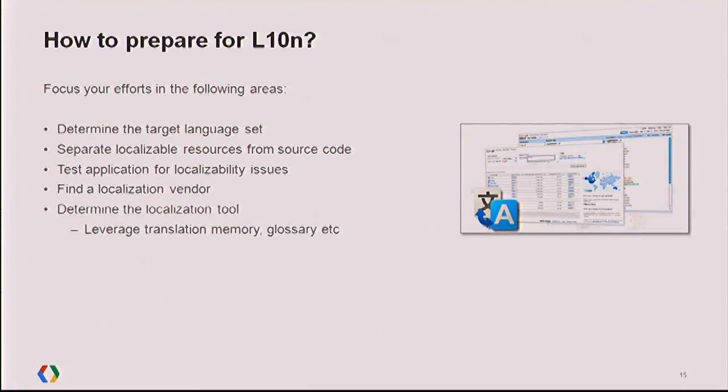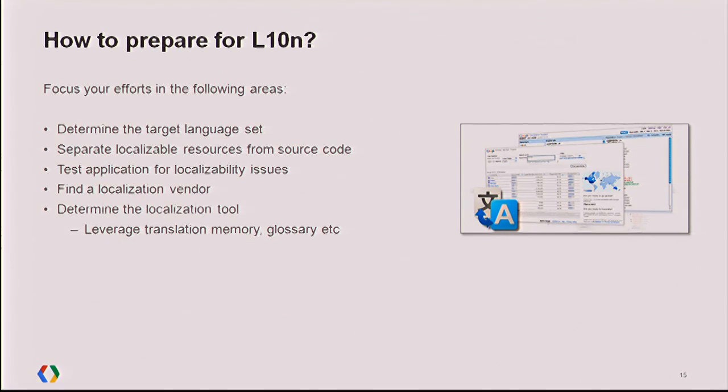The third aspect is test your application for localizability issues. Now, how do you know whether it's ready for actual localization? At the point when you are ready for translation, you should not require any re-engineering or code changes. In that case, we have taken care of most of the localizability issues.